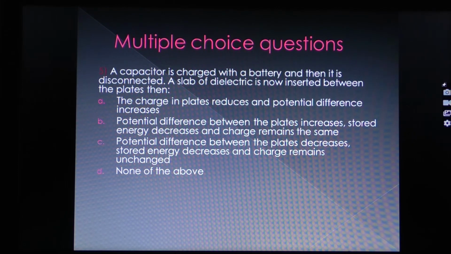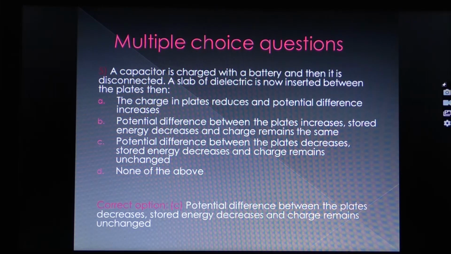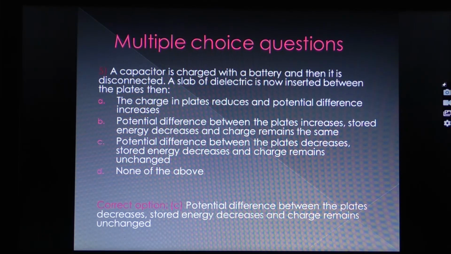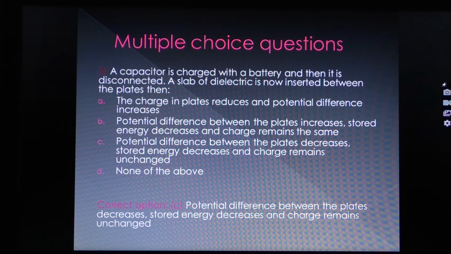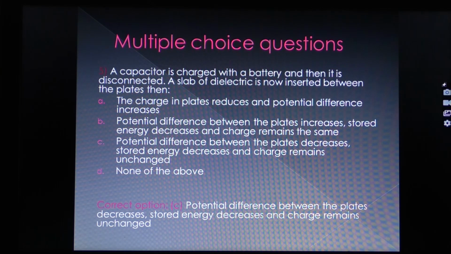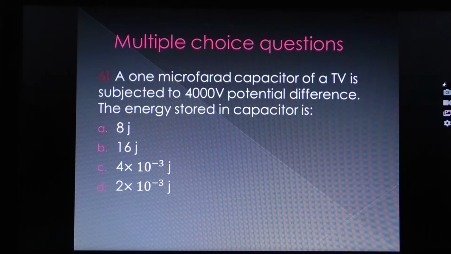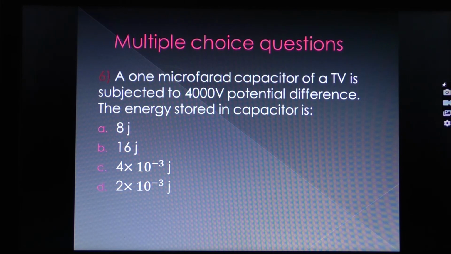C, potential difference between the plates decreases, stored energy decreases and charge remains unchanged. D, none of the above. The correct answer is option C: potential difference between the plates decreases, stored energy decreases and charge remains unchanged. This I taught you in today's lecture, it was energy stored in the capacitor. Number 6.